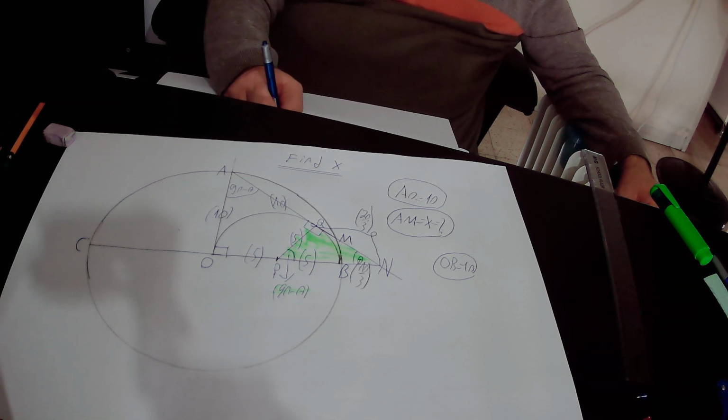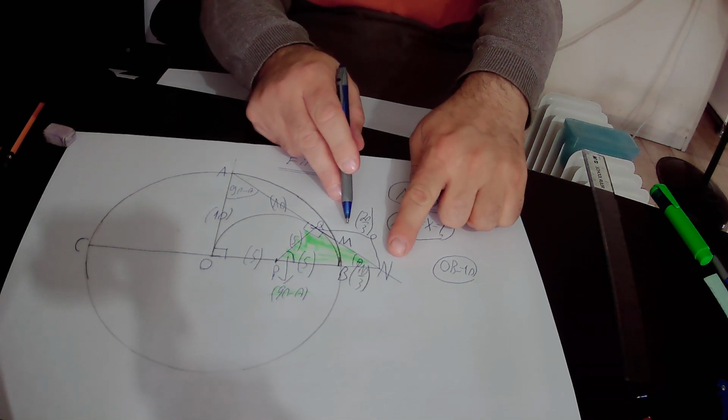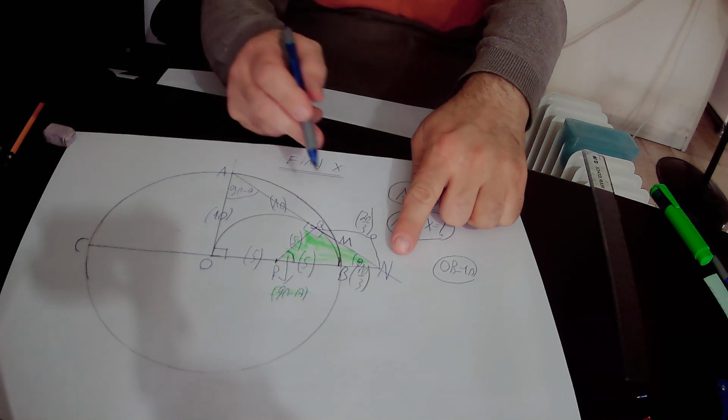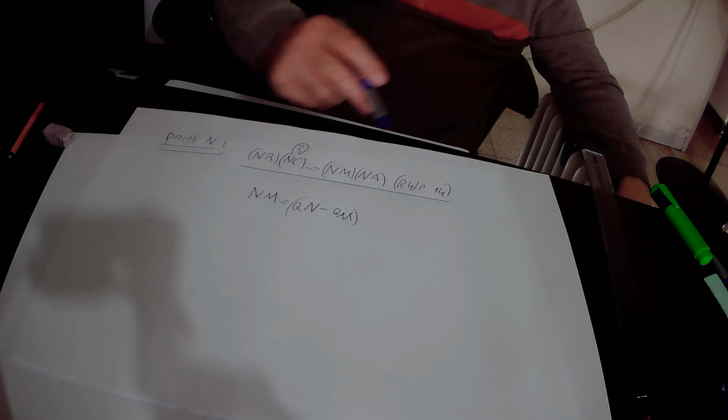The length of this line segment MN equals QN minus QM.